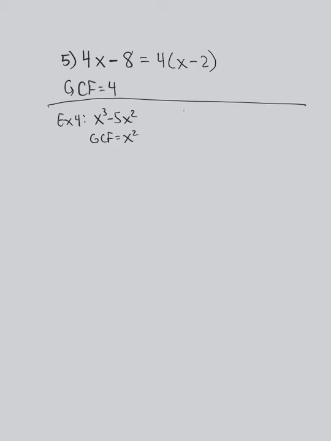And in example 5, we had 4x minus 8, and the GCF wasn't 2, but it was equal to 4. To do more general factoring of greatest common factors, often the GCF won't just be a power of x or just a number. It'll be a combination of a number and a variable.